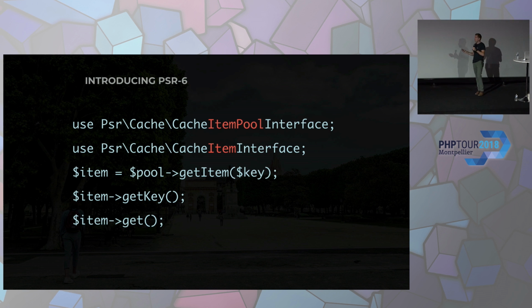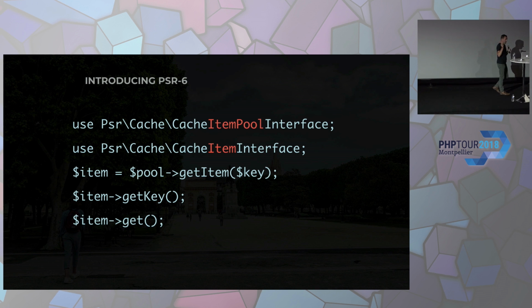So the item pool knows which items are stored in the backend, which items should be destroyed, which items should be saved next time. So that would keep the connection, and it would keep track of all the items out there. So if you would ask the item pool for the same item twice with the getItem method, with the same key twice, it would give you the same value object. It's a bit like Doctrine with entities.